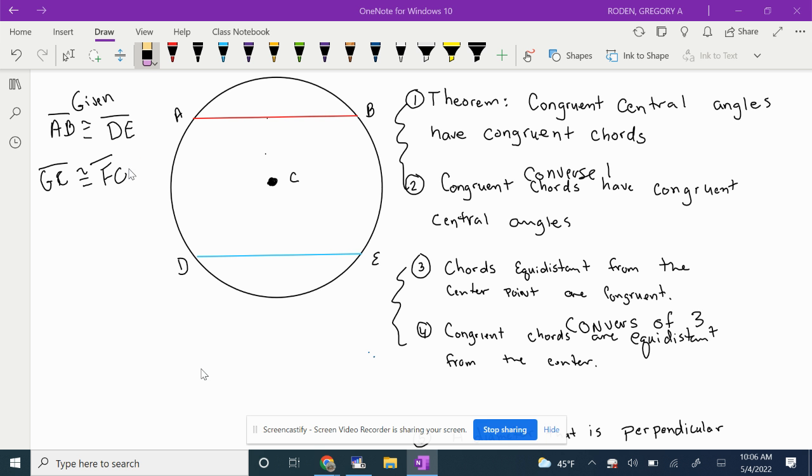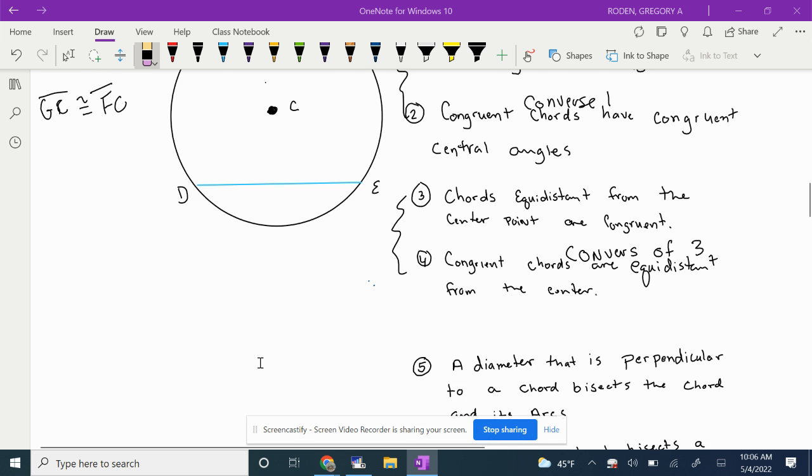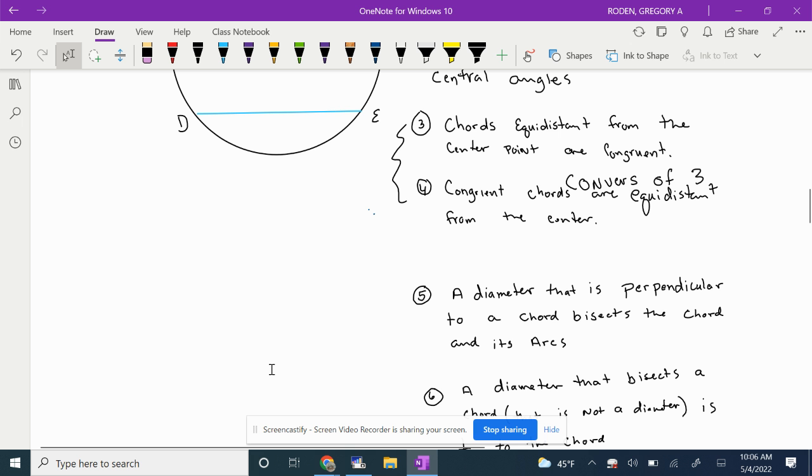All right. So here's our 5th one. A diameter that is perpendicular to a chord bisects the chord and its arcs. That's really important. Now listen to what this is saying. I'll give you a second to write that down, and I'll go back to my picture. A diameter that is perpendicular to a chord bisects the chord and its arcs.